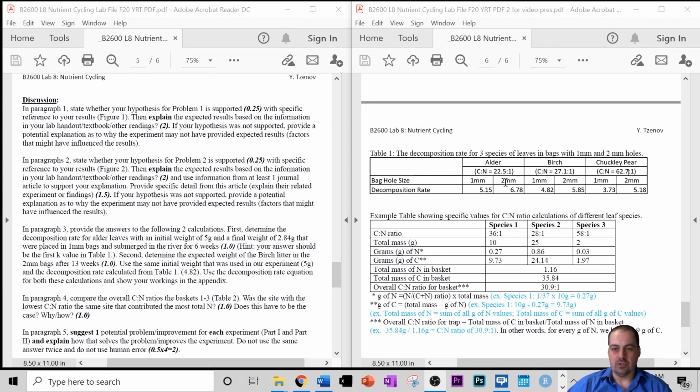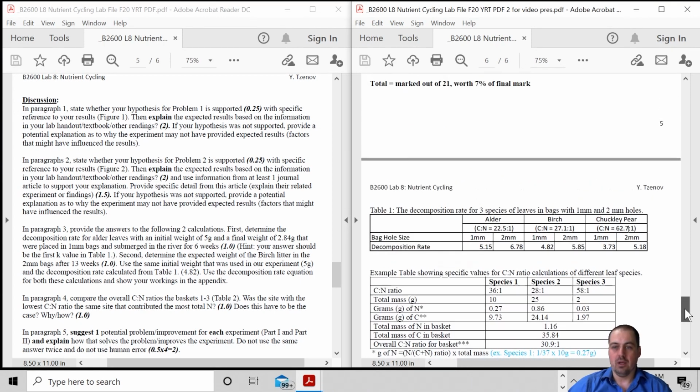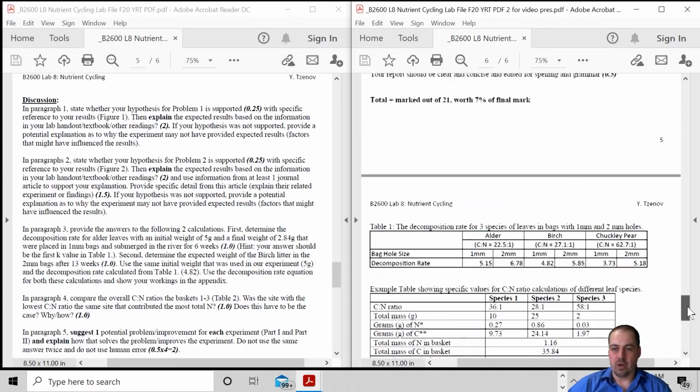If you just quickly look at these numbers here, you're going to see that the 2 millimeter for each of these species is a bigger number than the 1 millimeter, and that means the decomposition rate is higher, which means that they were broken down faster, and that is an indication that more inverts were eating them or breaking them down.